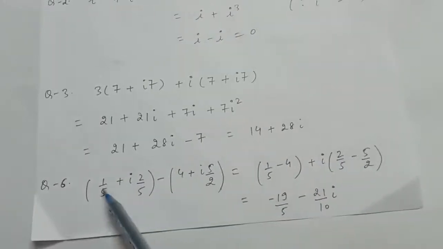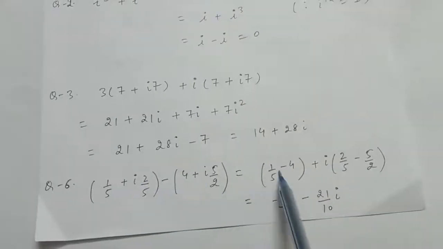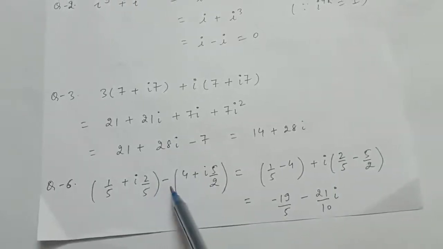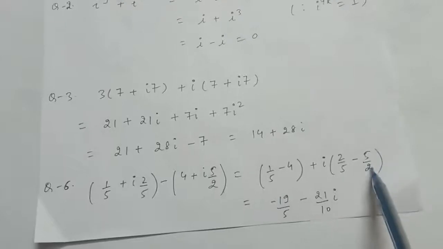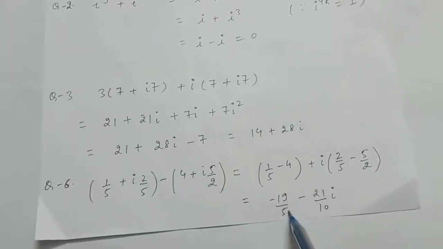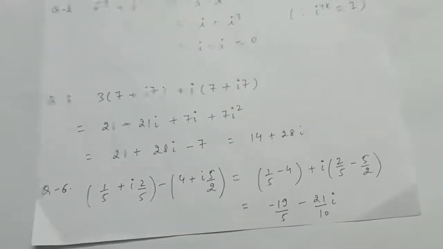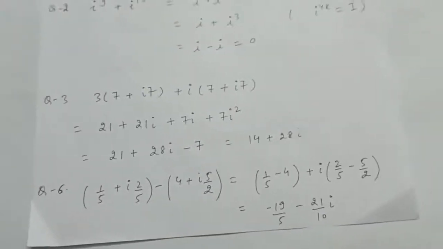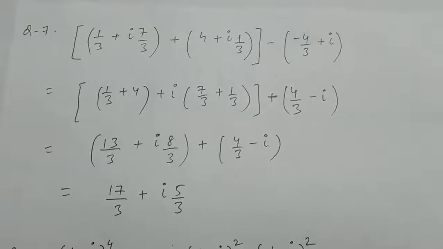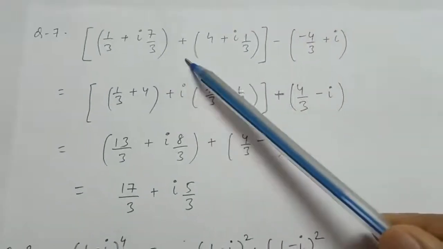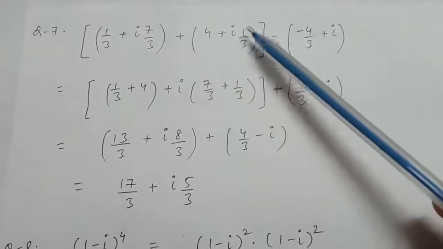So you will get 1 by 5 minus 4 plus iota, imaginary part 2 by 5 minus 5 by 2. So you will get minus 19 by 5 minus 21 by 10 iota. Clear?